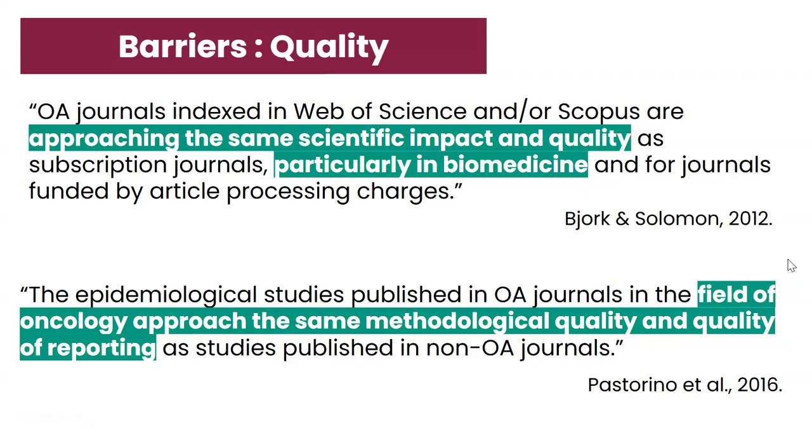This includes journals in biomedicine and oncology, where rigorous peer review practices ensure high standards. Examples include the Journal of Clinical Medicine, Health Science Reports, American Journal of Medical Sciences, and publications from PLOS One. Peer review remains the cornerstone of quality assurance, but the issue of predatory publishers has complicated perceptions.